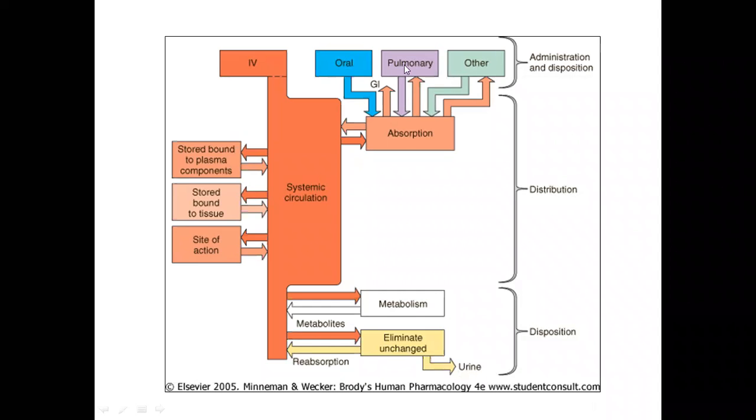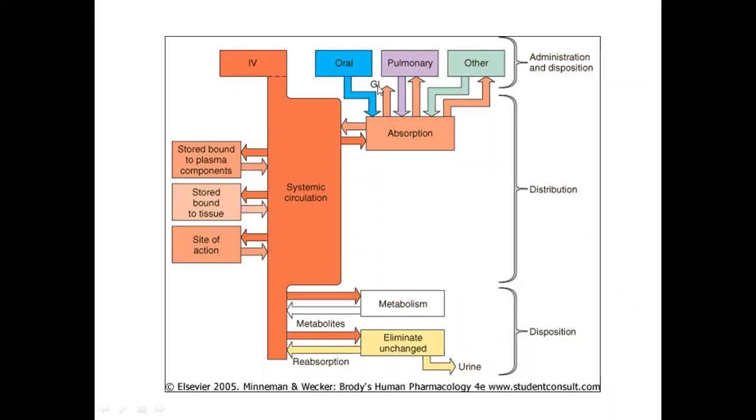Here the oral route, pulmonary route and other routes other than the intravenous route have one step more, that is absorption. For the oral route, the site of absorption is the GI tract, the gastrointestinal tract.